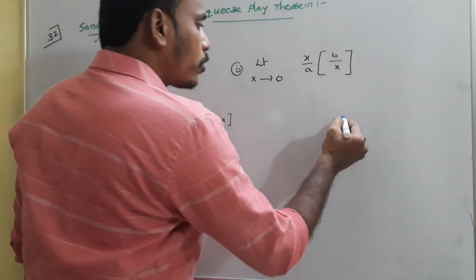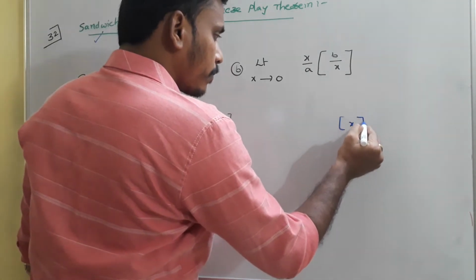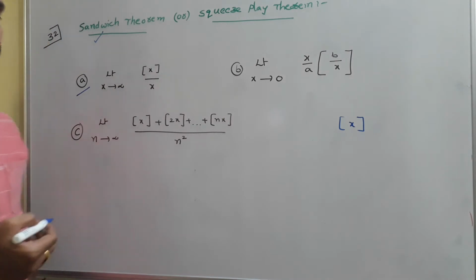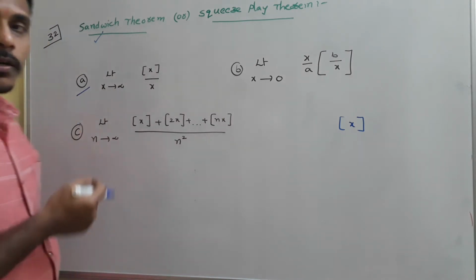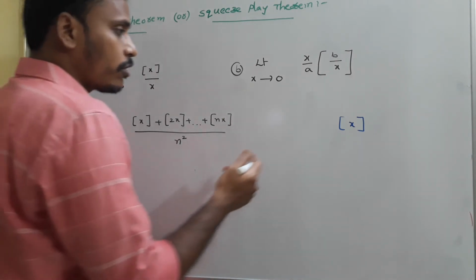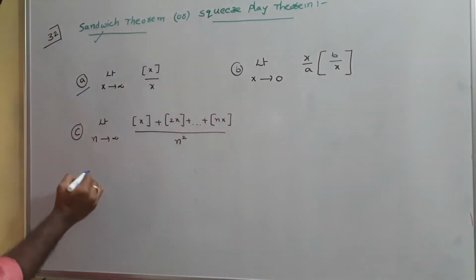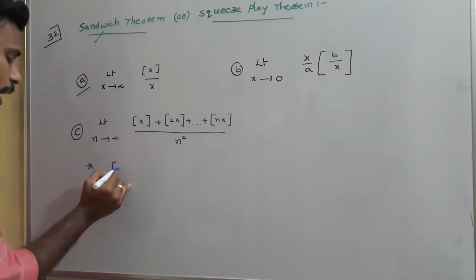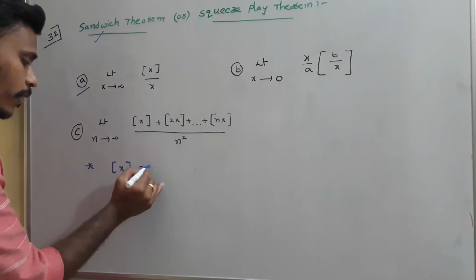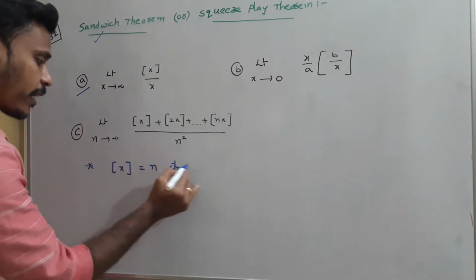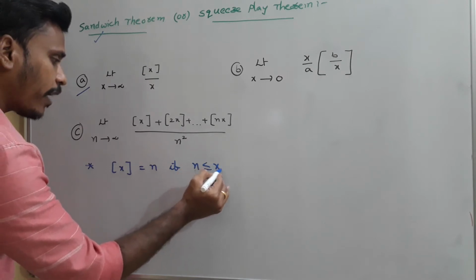So what do you know about floor x? I think you all know, but once again I will explain, and then I will go on to solve the problem. The floor x value is equal to n if x is in between n and n plus 1.